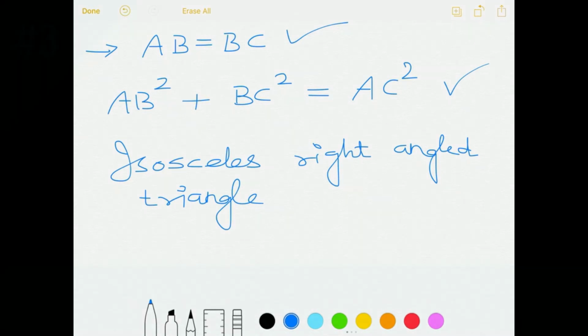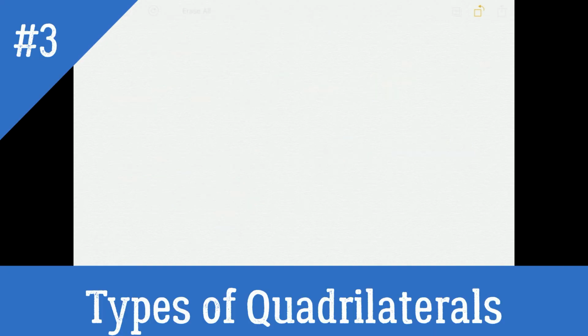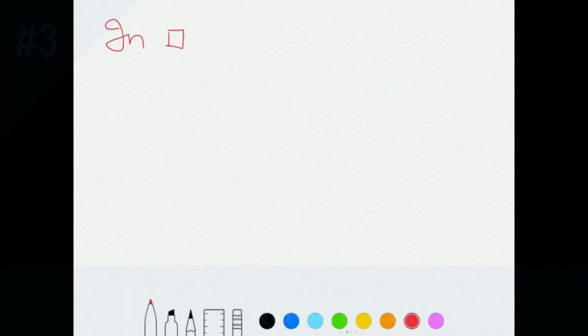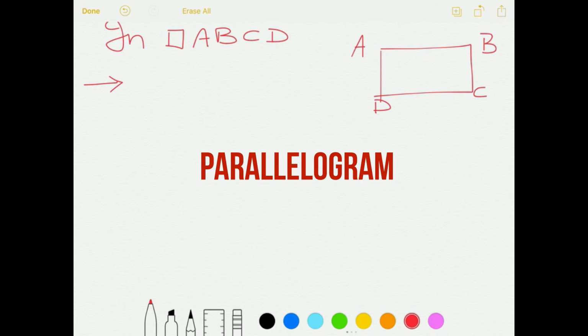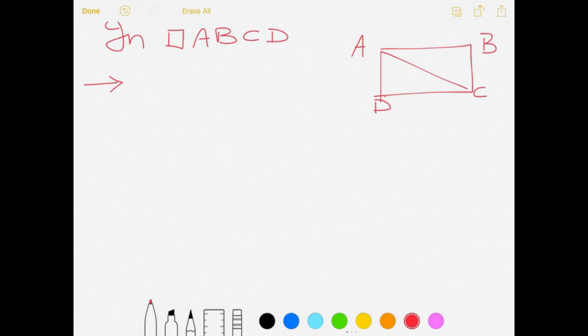Now let us talk about quadrilateral. In a quadrilateral, let us call it ABCD. Now condition number 1, let me draw the quadrilateral over here. We are not assuming which type of quadrilateral it is, but a simple quadrilateral A, B, C and D. Case number 1, the diagonals are AC and BD.